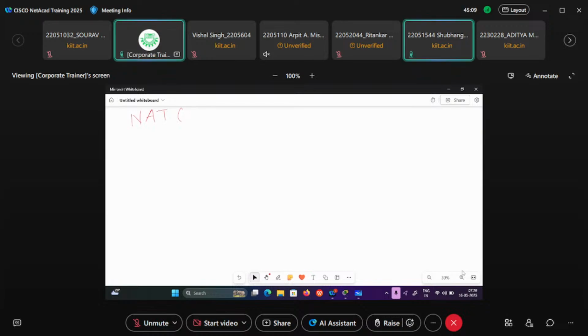Now, we will understand this concept with some topology, and we'll take one scenario of how the entire thing happens over the internet. Just think of it: we have some devices connected with the switch.